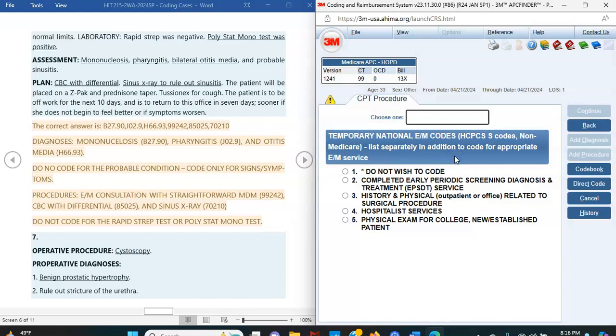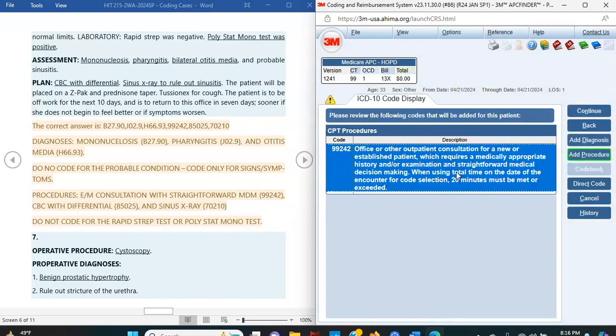No pelvic exam. So this gives us our E&M code, 99242. Okay, and then it looks like we are going to code this CBC with differential and the sinus x-ray here.